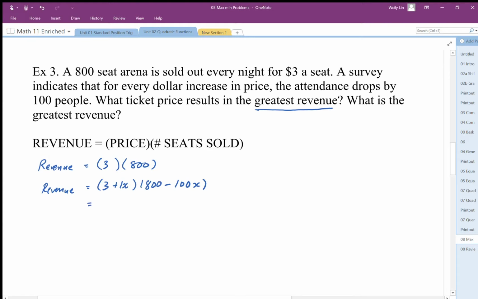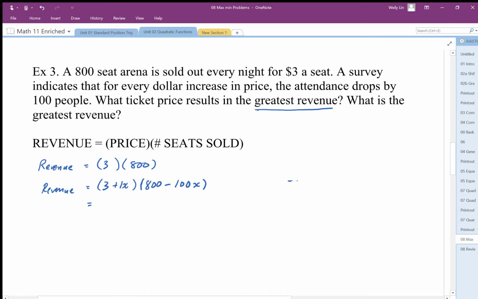Once we have our relationship, we just need to find the max. We can do this in a few different ways. Here we have zeros, 0 at x = -3 and 0 at x = 8, and we can work out our axis of symmetry using our average formula.